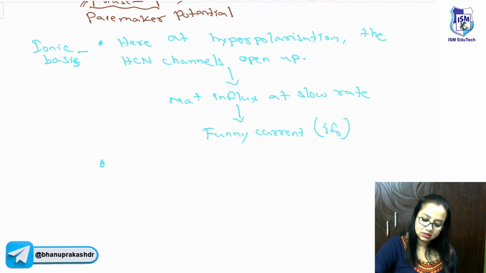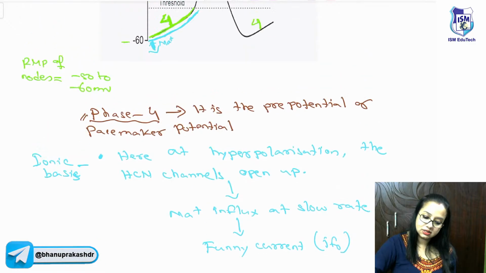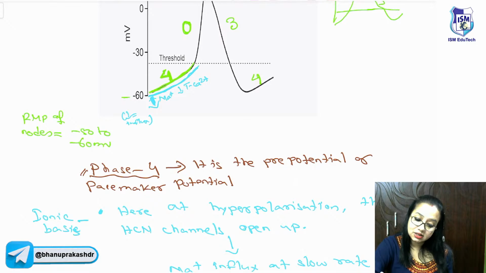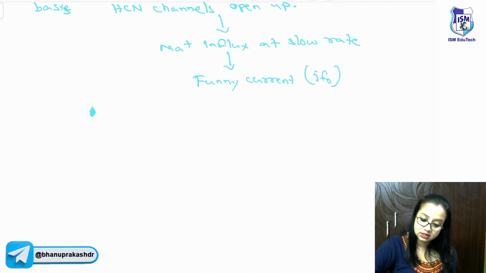Another factor, when this is happening, there is also some transient calcium influx. That's why I am using a downward arrow. Here it means influx, not decrease or increase. So there is influx of calcium through the transient channel, not the dihydropyridine voltage channel.